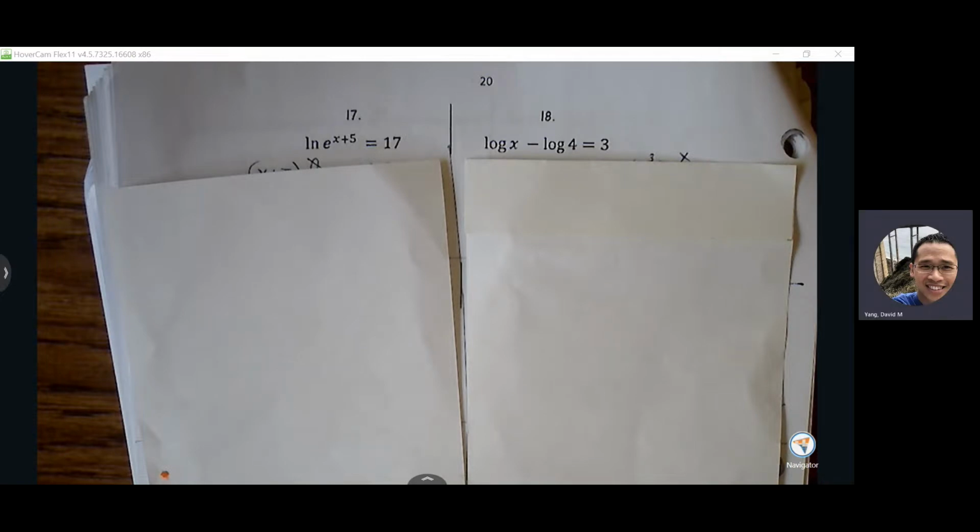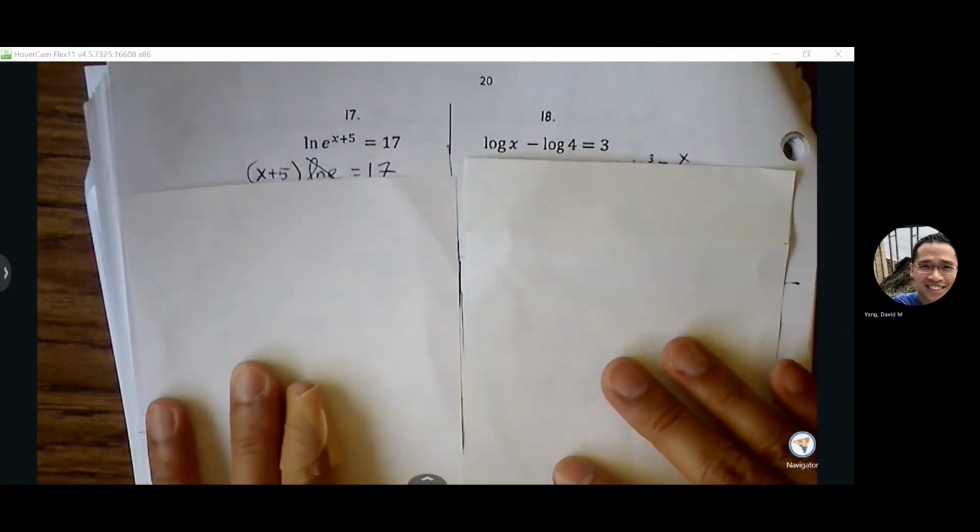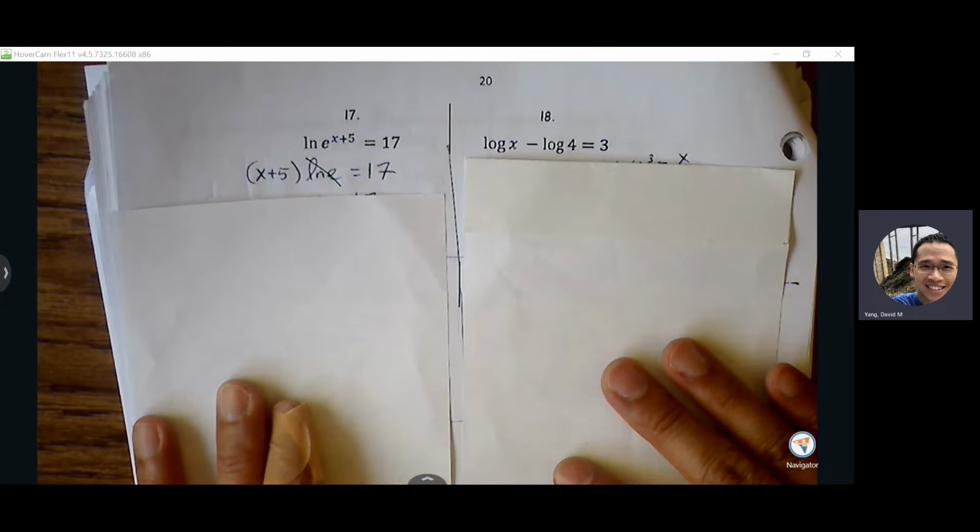You can just bring that x plus 5 down to begin with, and then just solve for x.